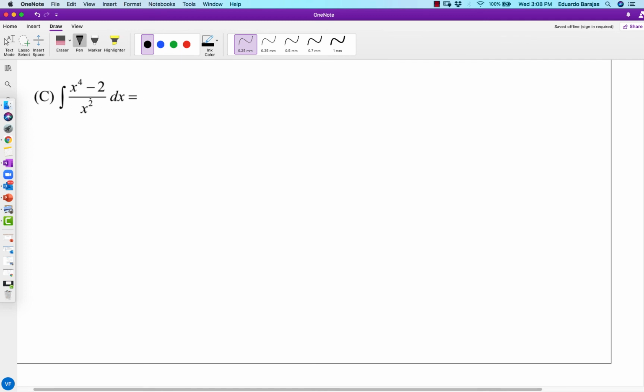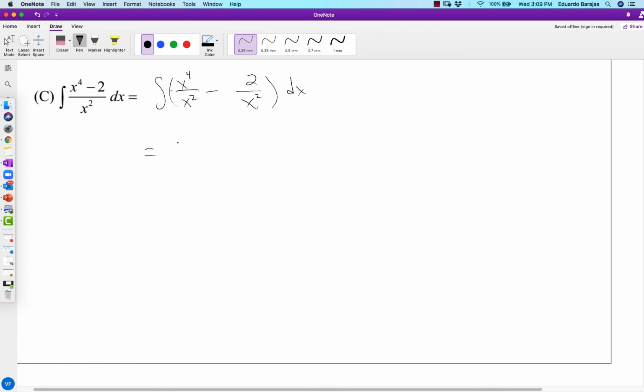Notice that we can very easily separate this one big fraction into the subtraction of two different fractions. So, using a little bit of algebra, we can just rewrite this as x to the power of 4 divided by x squared minus 2 over x to the power of 2. All of that is still being integrated. And now there is a subtraction sign, so we can separate them, and also these reduce.